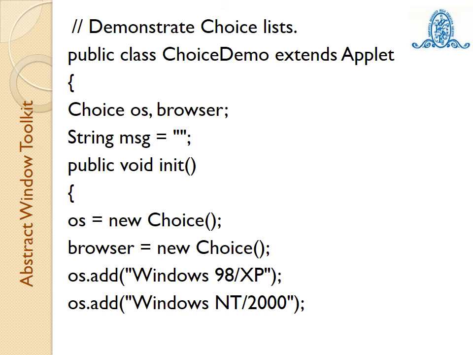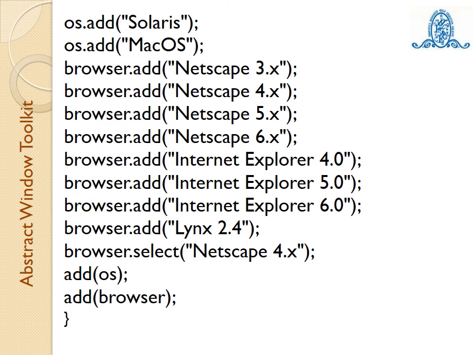Then we use the add method to add the items in the OS as well as the browser choice. So os.add and the name of the item is given, which is Windows 98/XP. Similarly os.add Windows NT. Likewise we can add the items in the OS as well as the browser list.